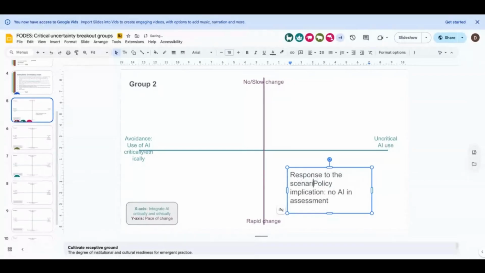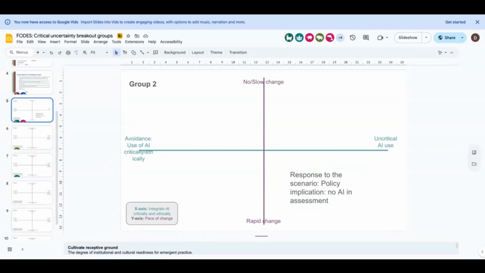The scenario is there's big rapid change, everything changes very quickly, and people use it really uncritically. So the response, as you're saying, is that government says no AI in assessment because we just don't know how to handle it. Okay, perfect. So that's one response in that space.